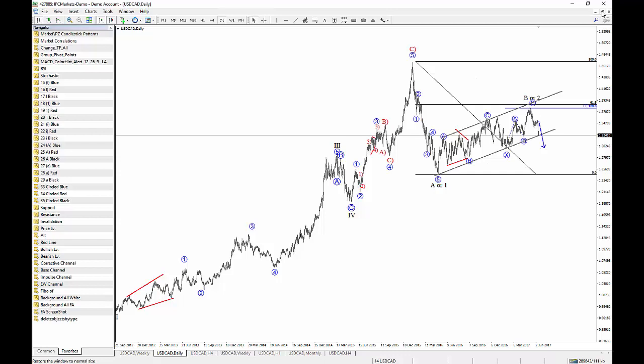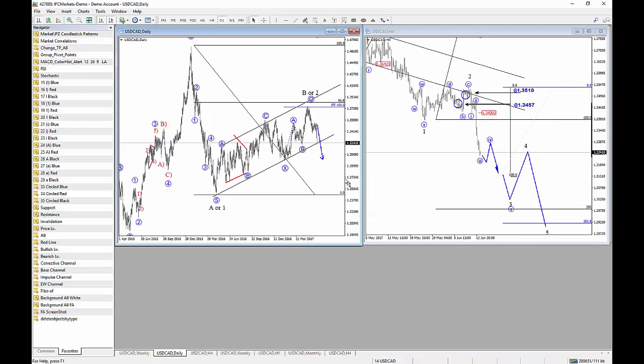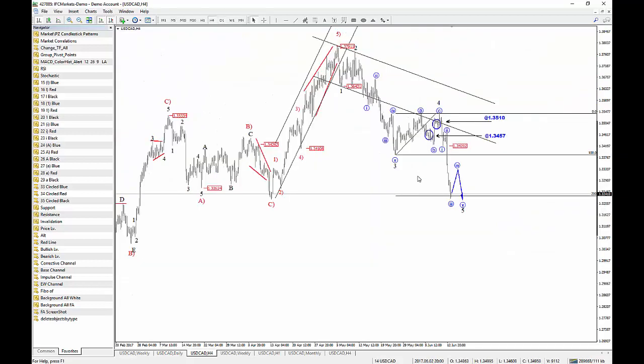Also, crude oil is still searching for support, so imagine what will happen with dollar CAD if crude oil will bounce, which I believe it will happen in the near future. My first count, primary count, was looking for shorts here for a wave 5. And it appears that we will continue even lower.